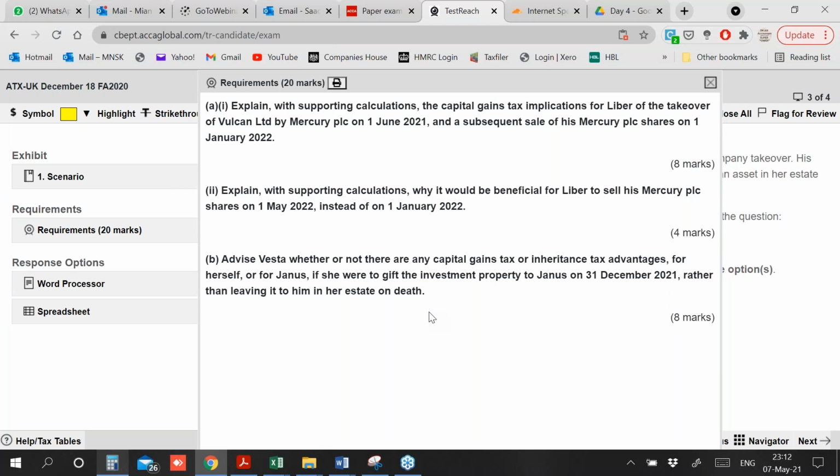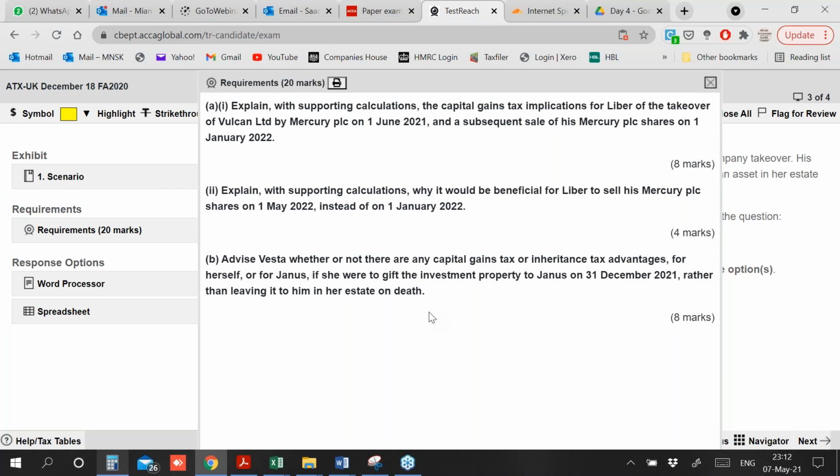If she gifts the property to Janus now, it will result in a capital loss. But she cannot relieve that capital loss, because two things are mentioned in the question. Number one, she's about to die soon.